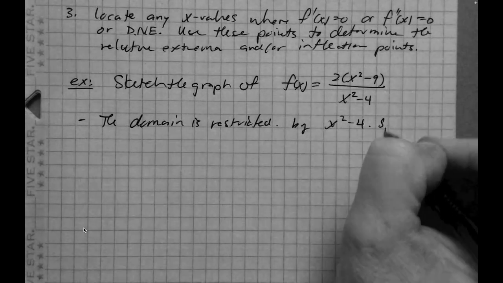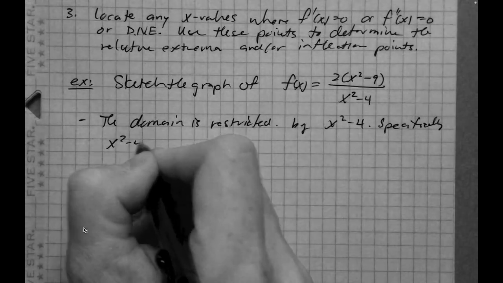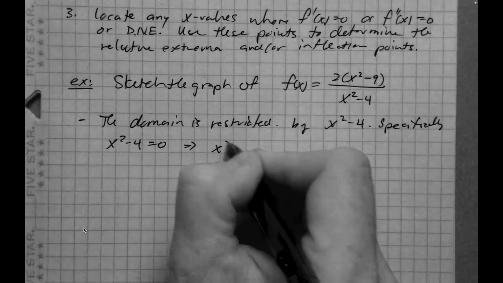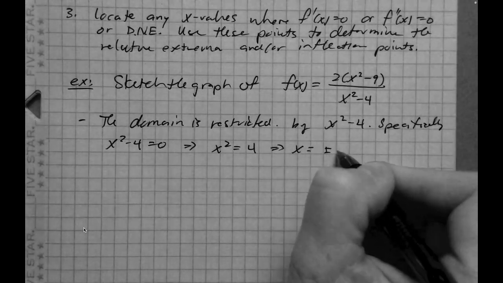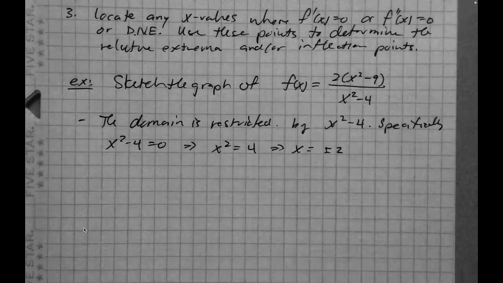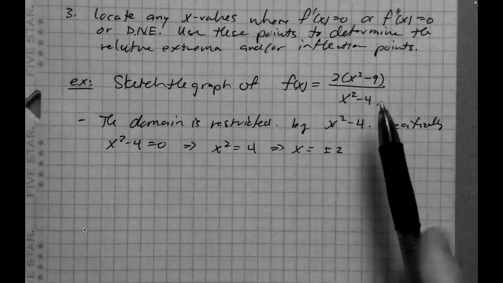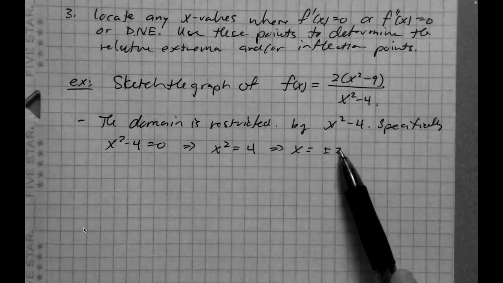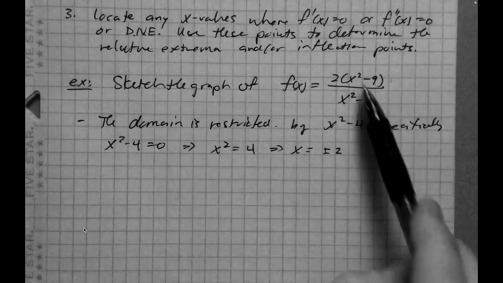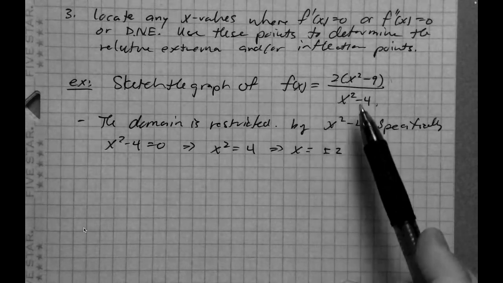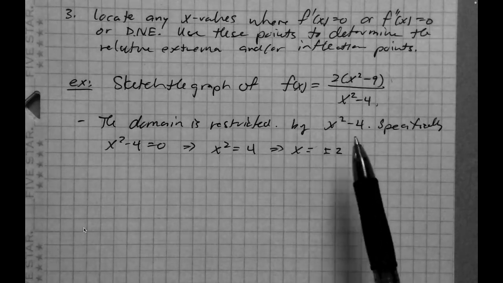Specifically, we would say x squared minus 4 equals 0 implies x squared equals 4, implies x equals plus or minus 2. Right, and so the denominator here, x squared minus 4, is 0 when x is 2 or negative 2, and we can't divide by 0, so the domain of the function is all real numbers except for these 2.